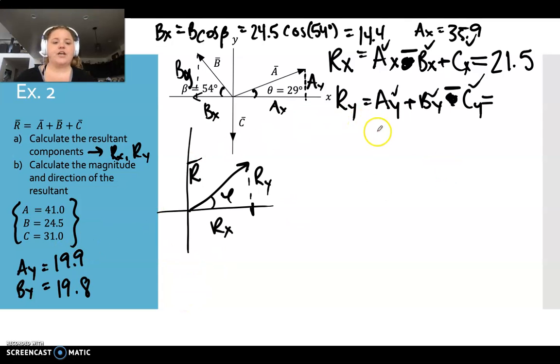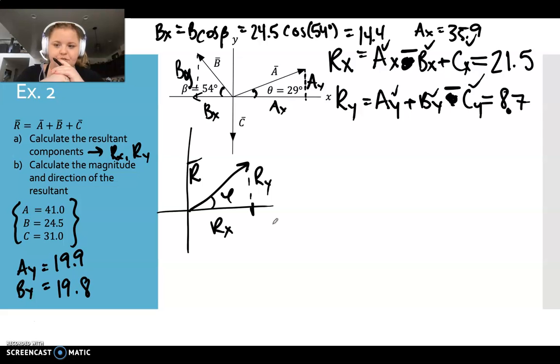Now I wrote down our a sub y and b sub y again, and then we subtract our c value, which is the same as the magnitude of c, so that's 31. So we get 8.7.